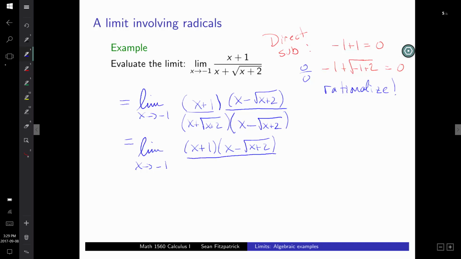So what do I get? Well, x times x is going to give me x squared. The cross terms cancel, and I get x squared minus, and then I have x plus 2. If I square a square root, that square root goes away.